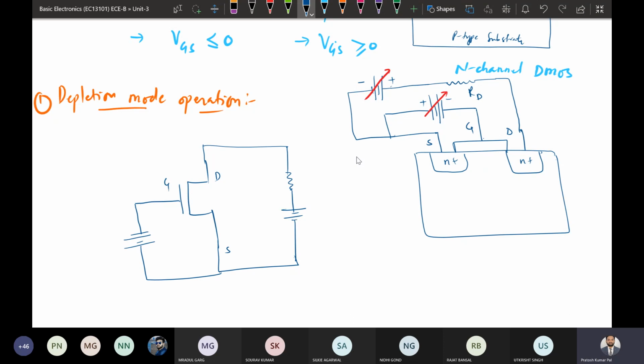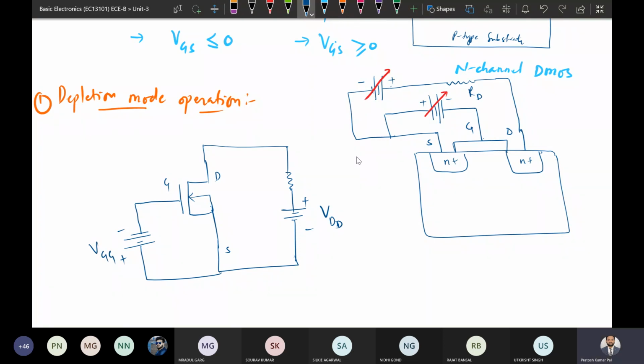Okay, so this is the biasing, and the substrate or body terminal, we can neglect it. Here we have negative and positive. This is VDD, and this is VGG voltage.